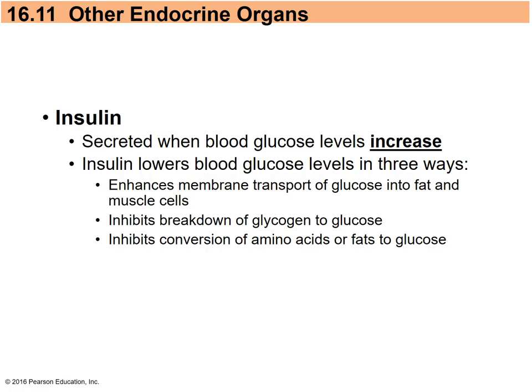So the glucagon was breaking the glycogen down. Now insulin is going to inhibit that. We don't want you to break it down. Don't break that chain. It is also going to inhibit that conversion. It inhibits gluconeogenesis, that conversion of, say, lactic acid and other fats and amino acids to build and make new glucose molecules. It inhibits that.